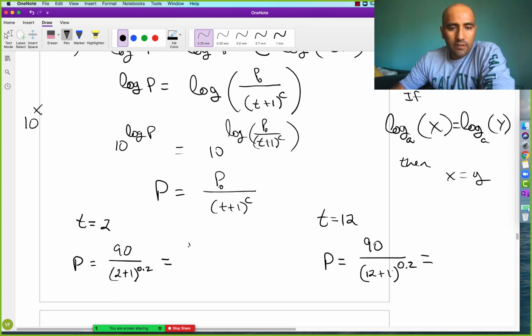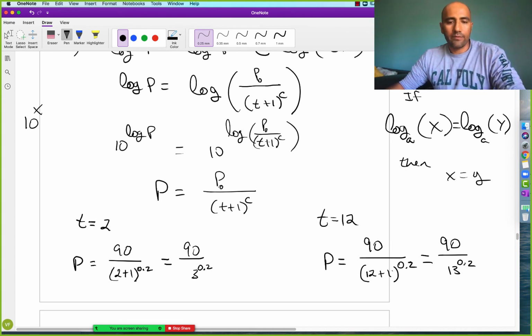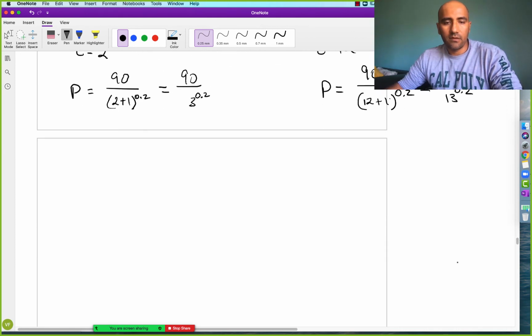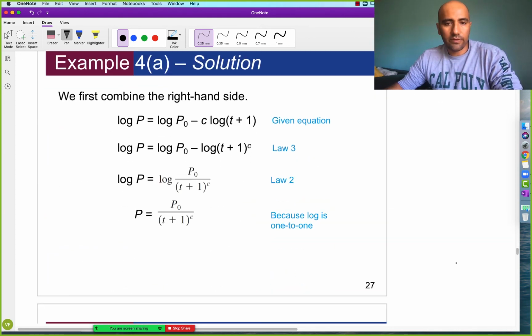So this is going to be 90 divided by 3 to the power of 0.2, and this is going to be 90 divided by 13 to the power of 0.2. Okay, we can use our calculator and get an answer from there.